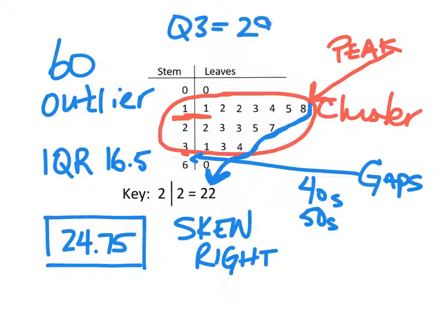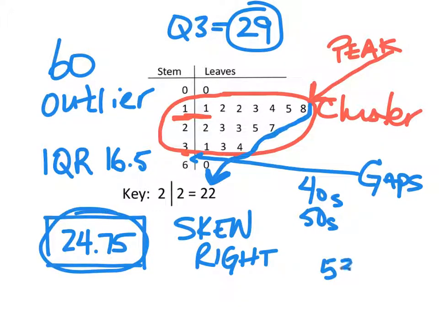and you'll remember Q3 earlier was 29. 29 was our third quartile. If I add 29 and 24.75, I get 53.75.